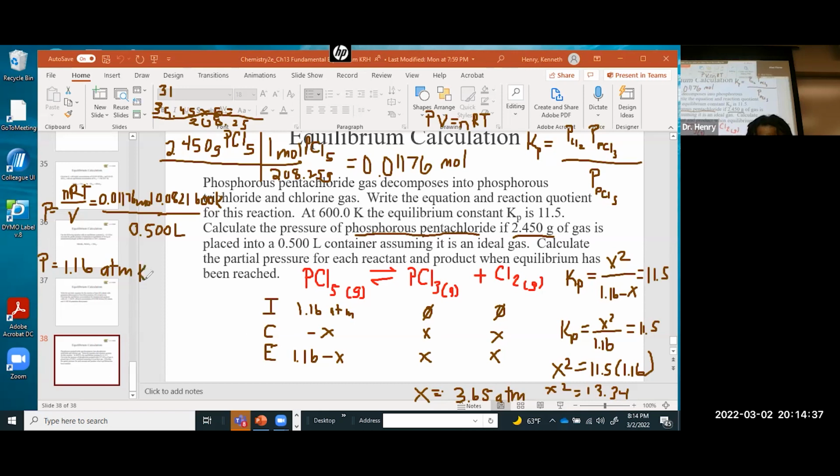Write it over here, Kp equals x squared over 1.16 minus x, which equals 11.5. So we get x squared equals 11.5 times 1.16 minus x.